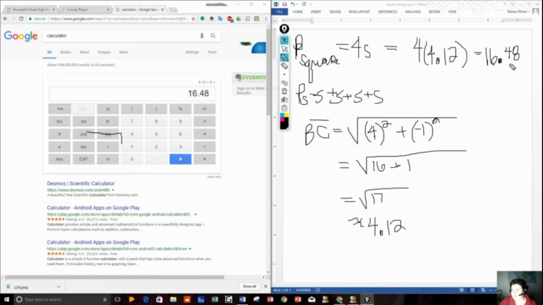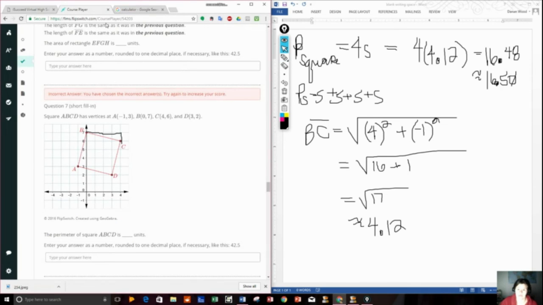So I'm going to ask myself, well, is 48 closer to 40 or closer to 50? And it is closer to 50, so I'm going to write this as approximately 16.50. The 0 doesn't add a value, so we often do not write it. So we're going to write this as 16.5.